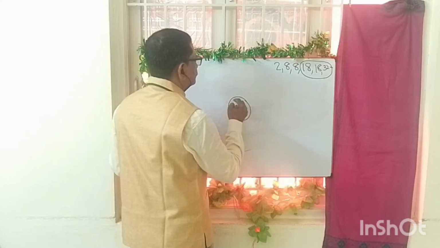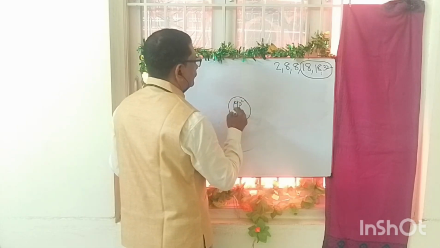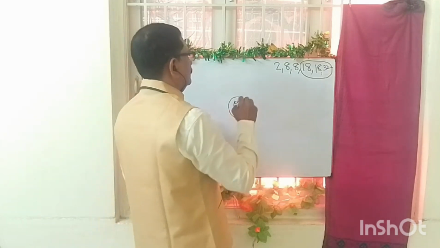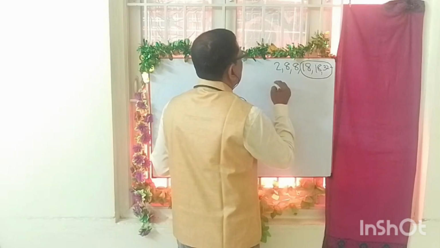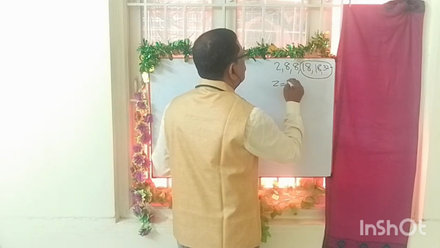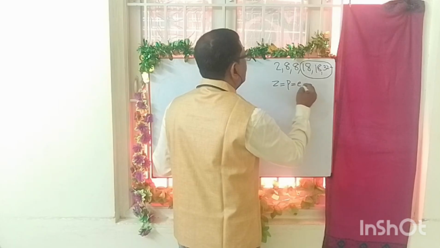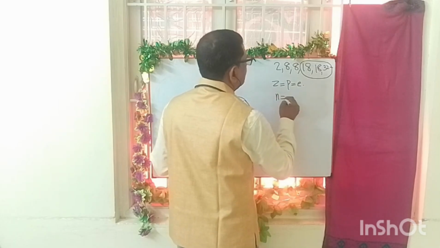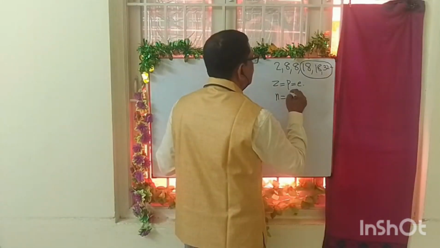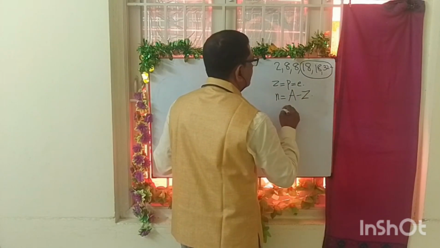There are 19 protons and write a plus charge on it. Neutrons we do not know, so we have to find out that. Z is equal to the number of protons and electrons, and what is the formula to find the number of neutrons? That is A minus Z. Simple.